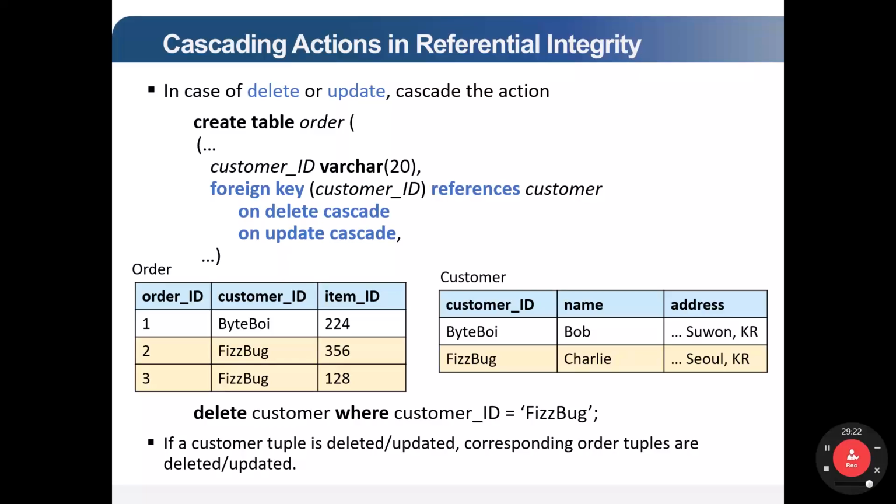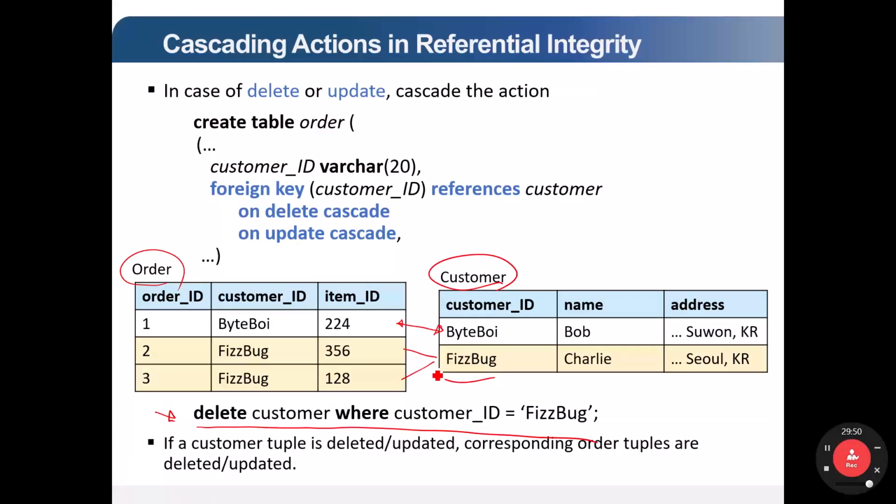So consider this case. Again, we have customer table and order table, and these white colored records are related, and these two yellow colored records are related. And what if we delete a record from the table that this order table is referencing?